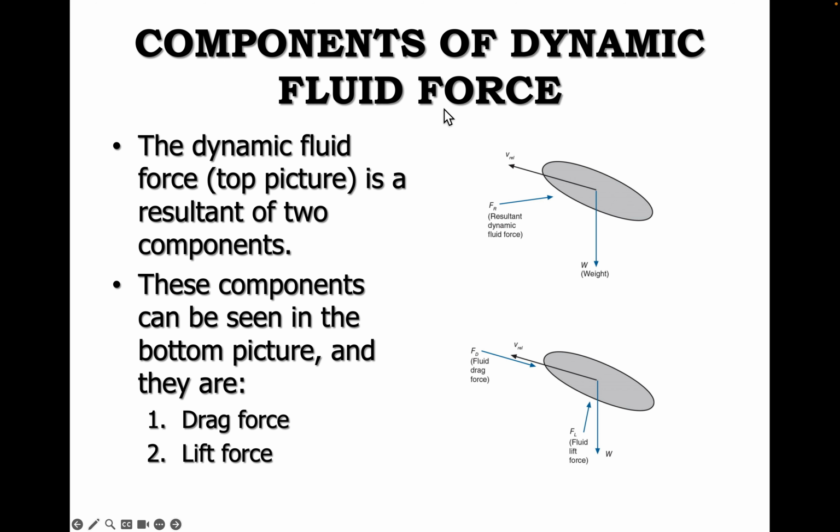There are two main forces that affect dynamic fluid force: we've got drag force and we've got lift force. They are highlighted here by this blue arrow down here and this blue arrow pointing up here. We'll talk about drag force and lift force in the coming slides.